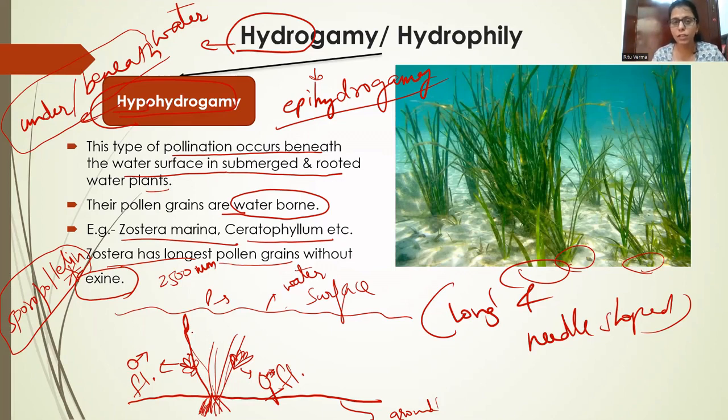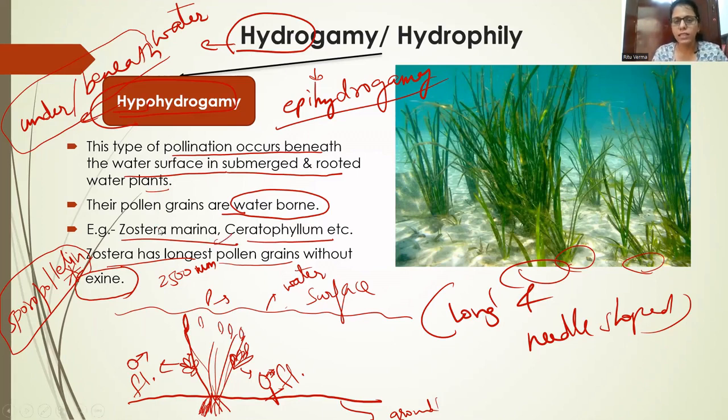That's the reason it is able to move inside the water. So this needle-shaped pollen grain moves along with the water current and comes and sits on the stigma of this flower. This is how pollination occurs in Zostera marina.